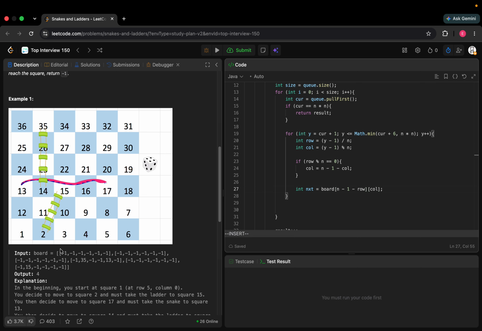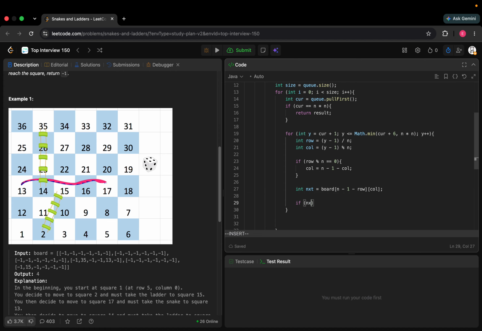Because the board starts from this one, right? Starts from the board, this one is 5 and this one is 0. But actually we start from the 1, so we need to switch this, starting from the row to calculate.